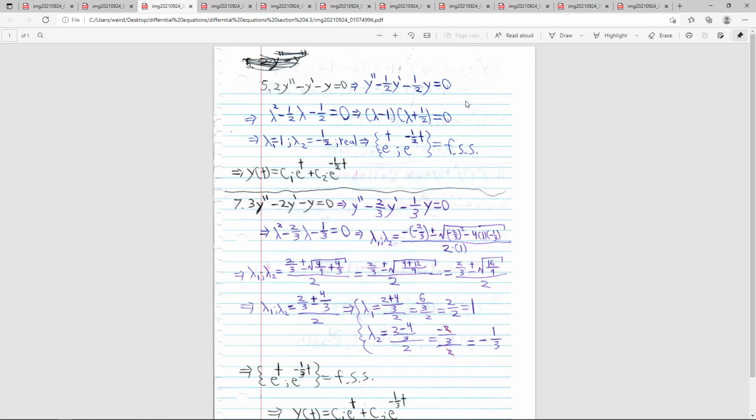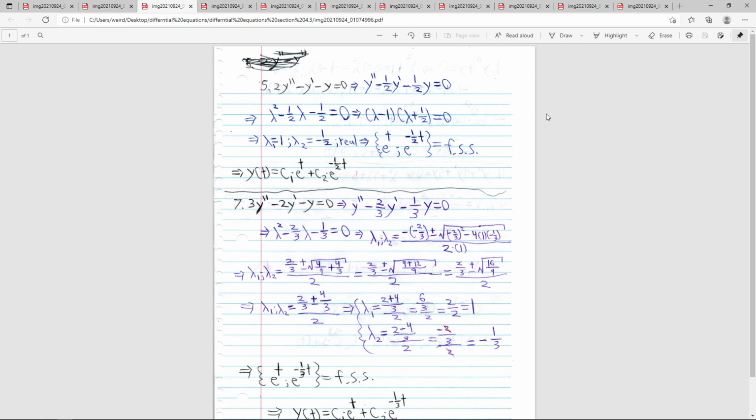2y double prime minus y equals 0. So we divide by 2, because you want y double prime, or whatever it is that's taking the second derivative, by itself. So we divide everything by 2, then we form the characteristic equation. And you could always use the quadratic formula, which gives lambda 1 and lambda 2.